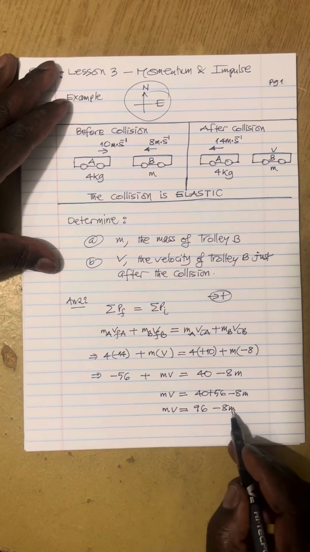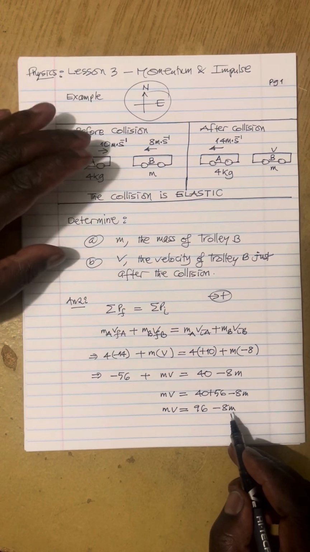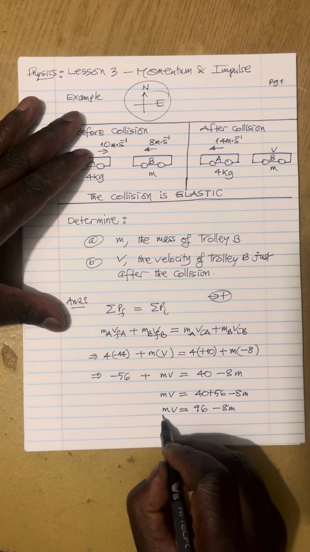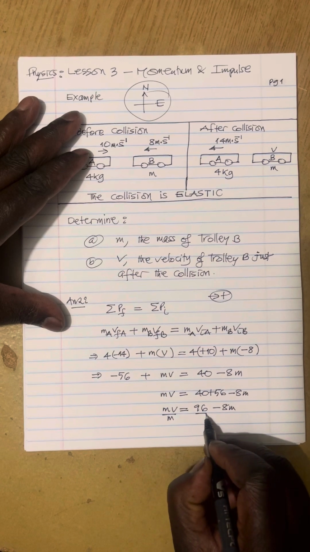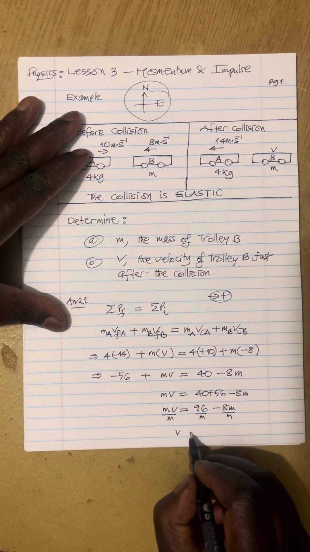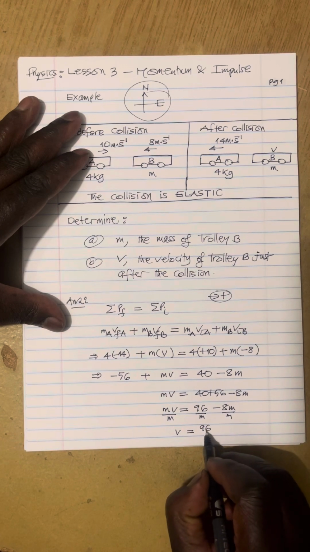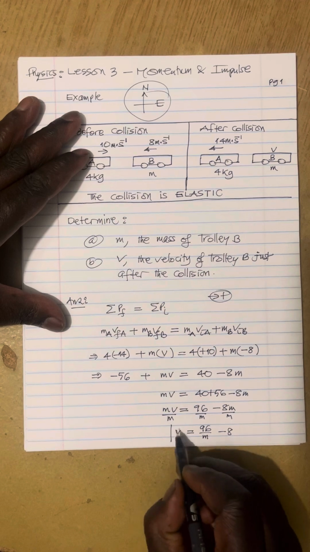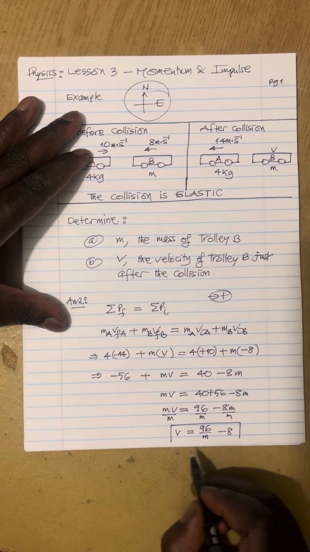I see m here and I see m here, so it is easier to make v subject of formula. I'm going to use term-wise division, divide by m here, divide by m there, and divide by m there. And so what I have is v is equal to 96 over m minus 8. This is equation 1.